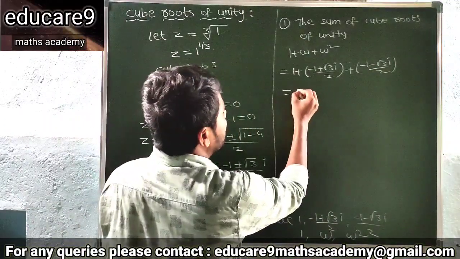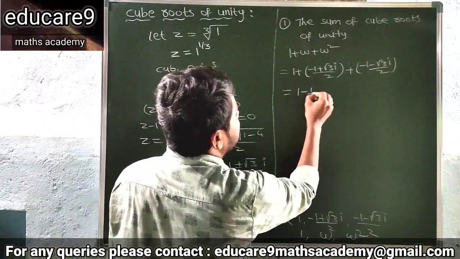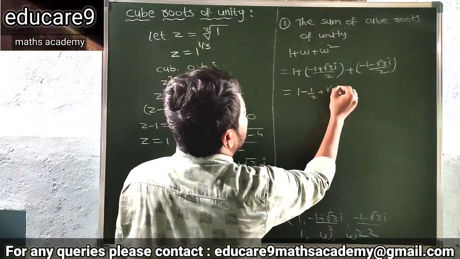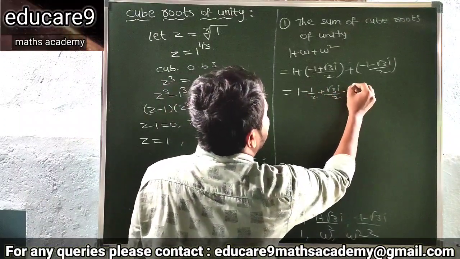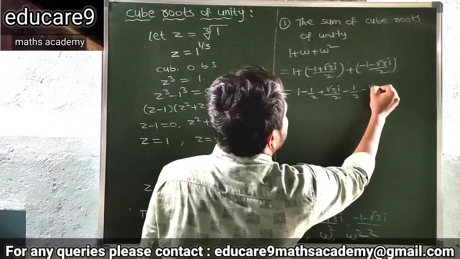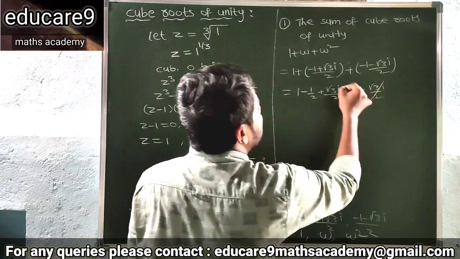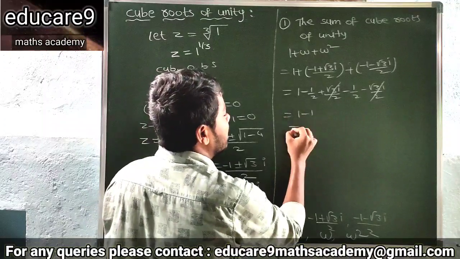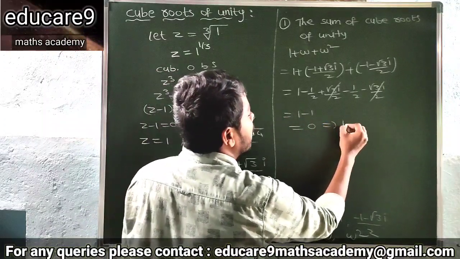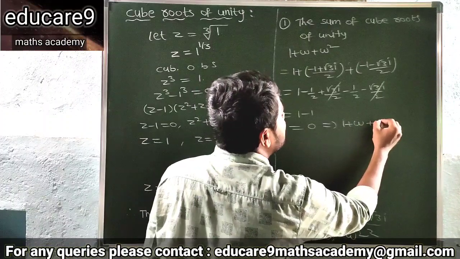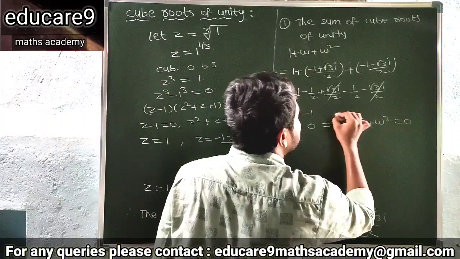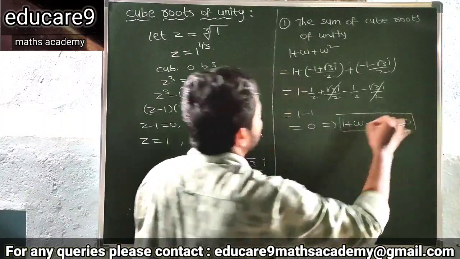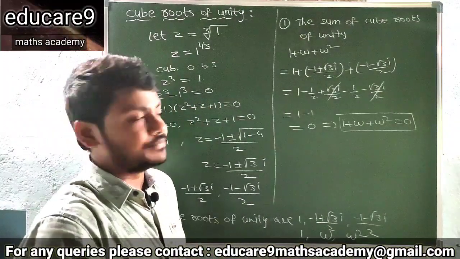So this is 1 minus 1 by 2 plus root 3i by 2 minus 1 by 2 minus root 3i by 2. So clearly these two terms get cancelled. Now 1 minus 1 is 0. So the sum of cube roots of unity is always 0. This is the first condition.